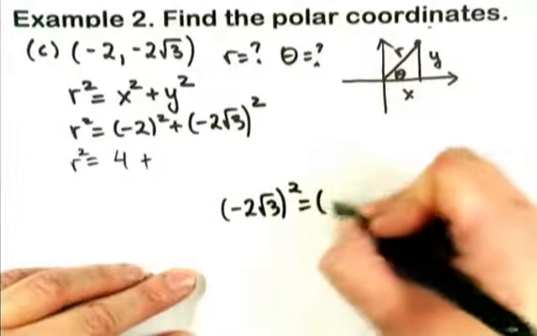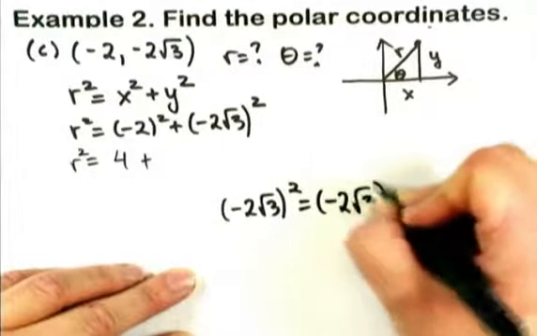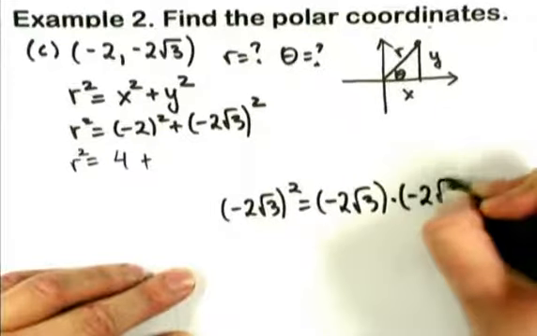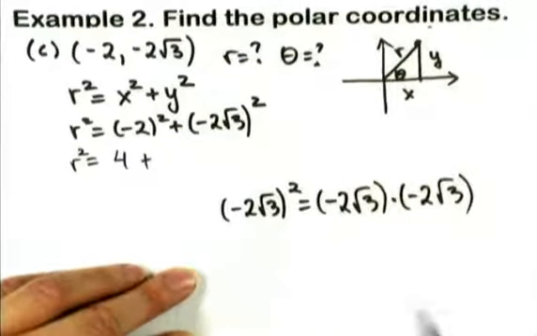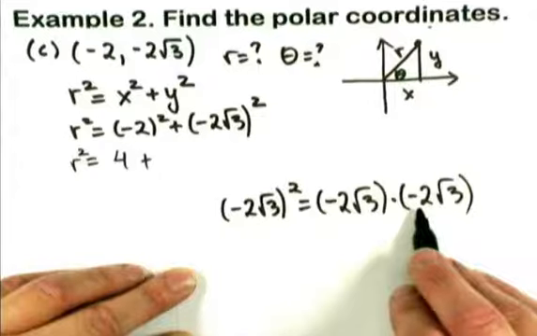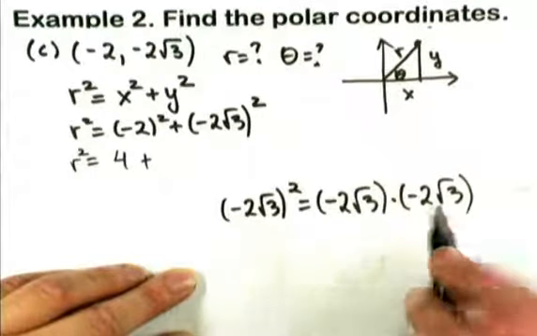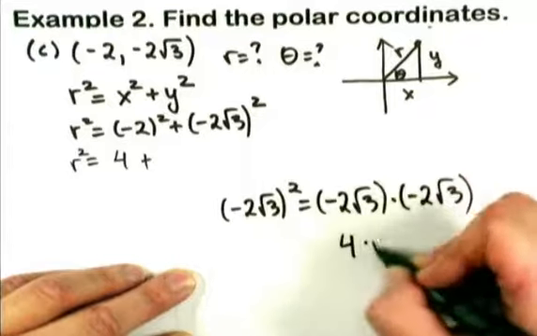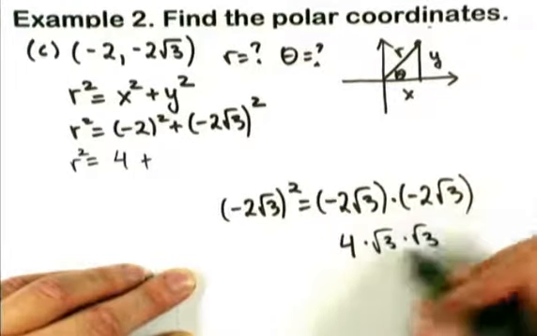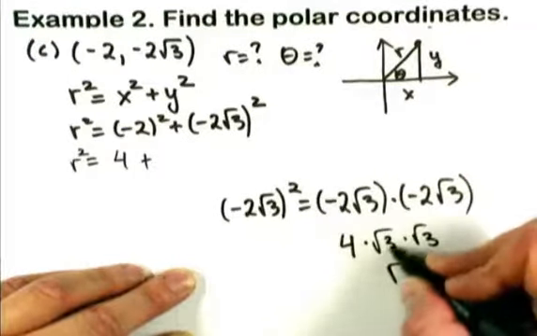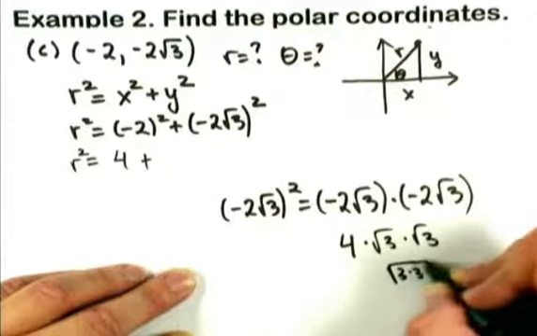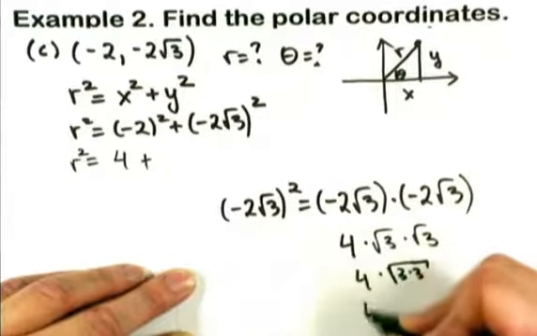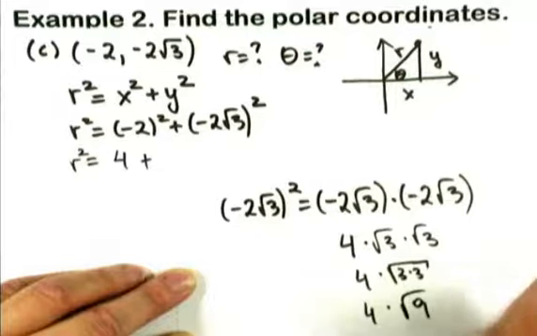It's nothing else but minus 2√3 times minus 2√3. So we go 2 times 2, minus 2 times minus 2 is 4, and √3 times √3 is nothing else but √9, which is positive 3.